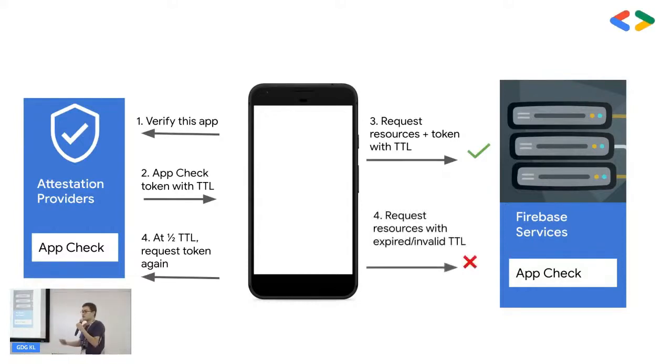So let's say, for example, the time to live token has now expired or somehow is unable to get the newest token, or some random app is unable to pass this attestation check, then it will be rejected by your backend. So let's say you have a clone of the same app by someone who managed to decompile your APK and then rebuild the APK from scratch, and somehow people go and install it.